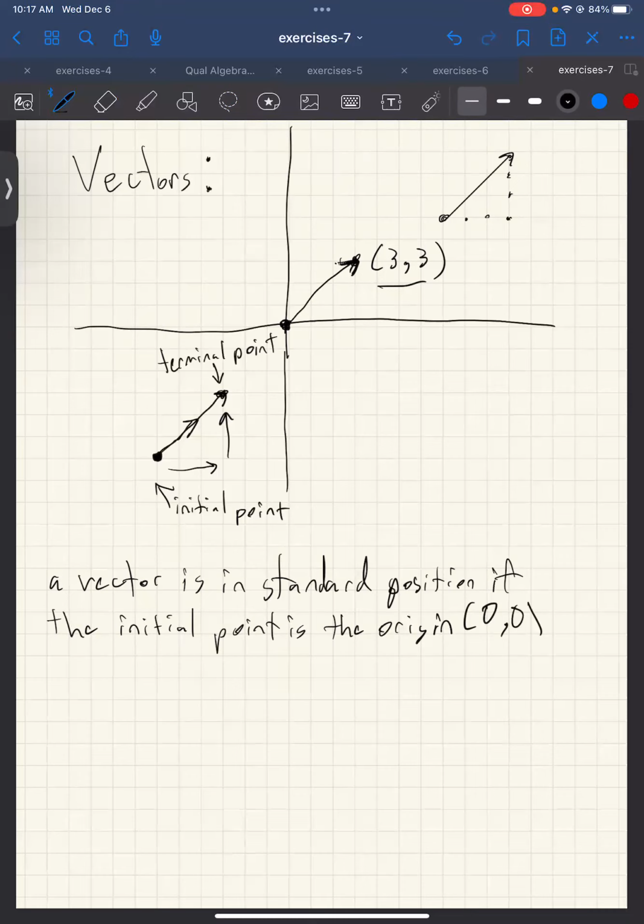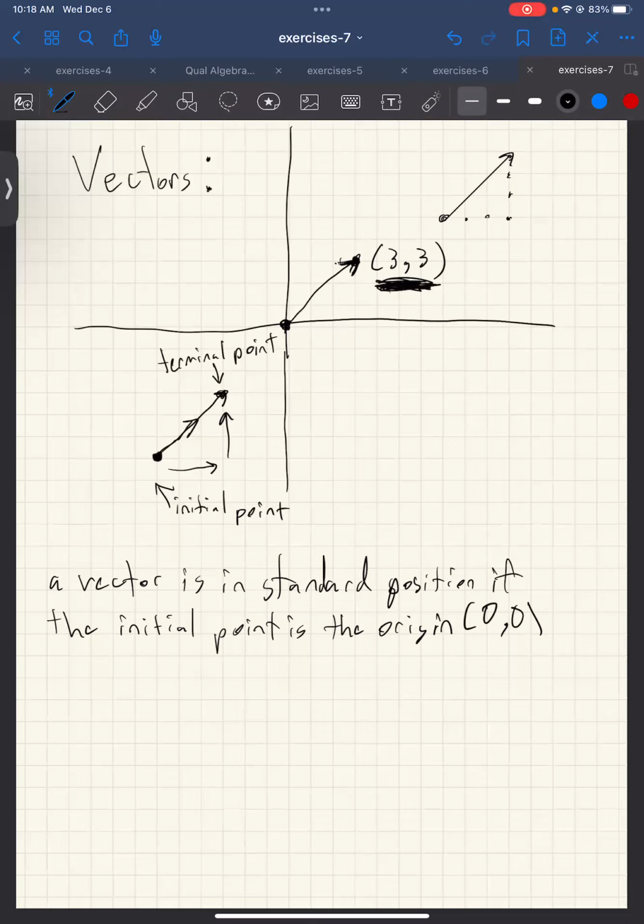And why do we like that so much? Well, again, the terminal point gives us exactly how we need to move, 3 to the right and 3 up. A really nice way of naming and describing our vectors comes from writing it like this.